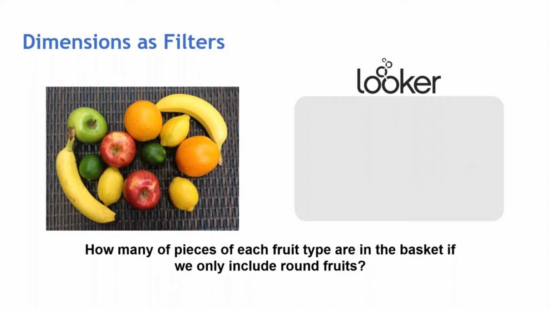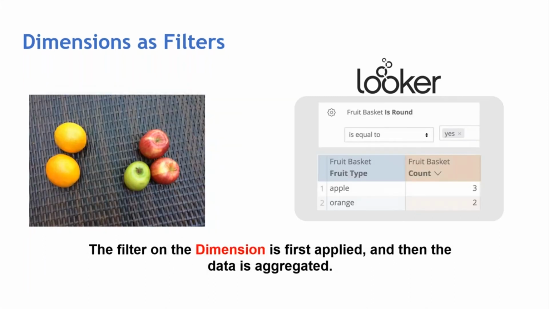Dimensions as filter: if you want to know how many pieces of each fruit type are in the basket if we only include round fruits, what do we do over here? We use the fruit type dimension. So if you remember, we have a column called is round, which was a logical column which would say yes or no. So we can use a filter on the is round column of the data set, and we can say is equal to and put a value as yes.